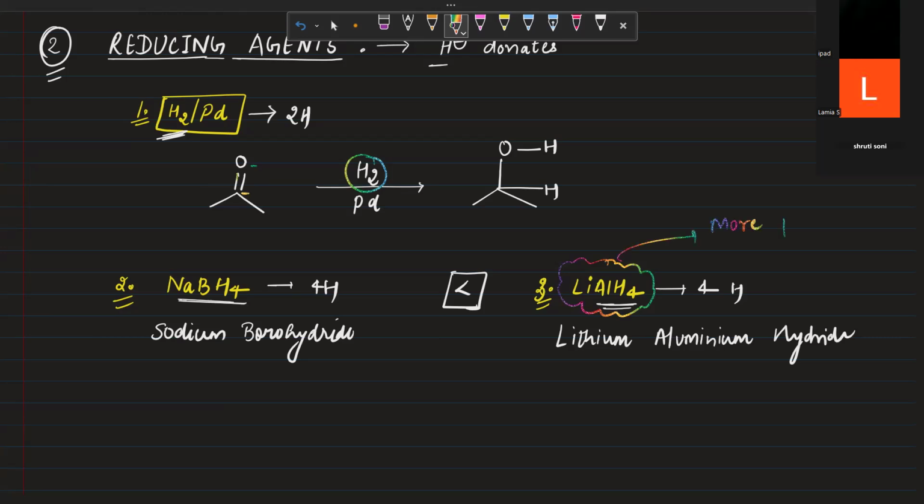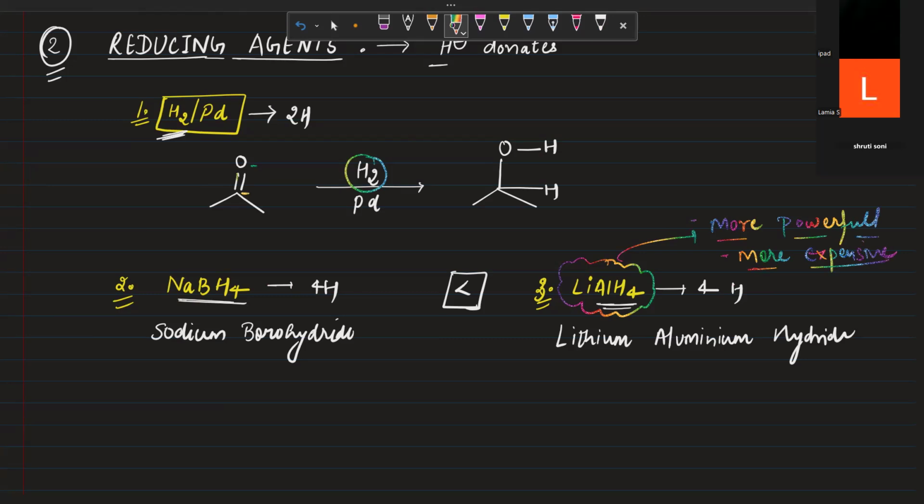If the examiner asks you, if you have two choices, lithium aluminum hydride and sodium borohydride, which will you choose? Lithium. Why? Because it is more powerful. And if the budget is a little tight, in that case we use sodium borohydride.